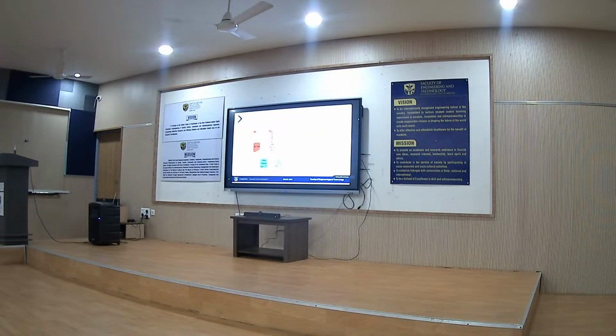The proposed slides show the methodology part. Data collection is the very first step in the process, where data is collected from various sources.